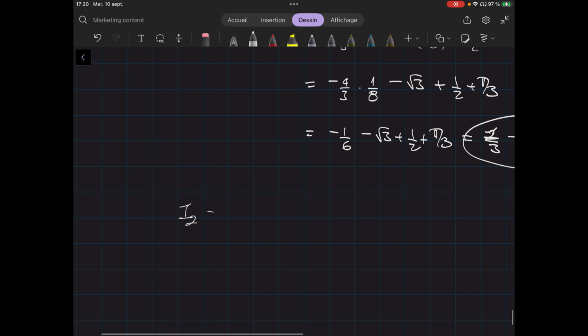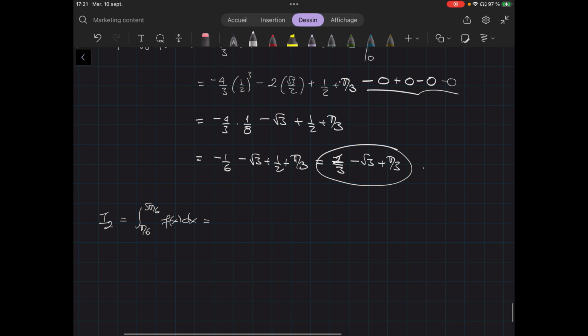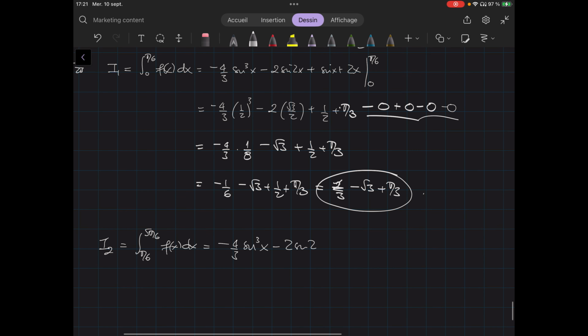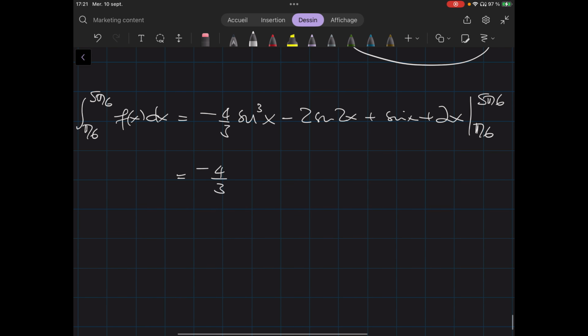Second part, I2. I2 is an integral from pi by 6 to 5 pi by 6. So we are going to do the exact same thing, except at this point, you have to be very careful. I'm going to do it one step at a time.